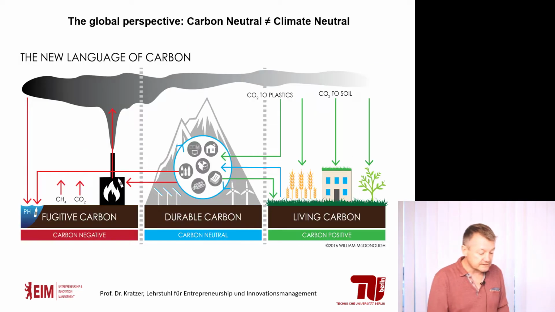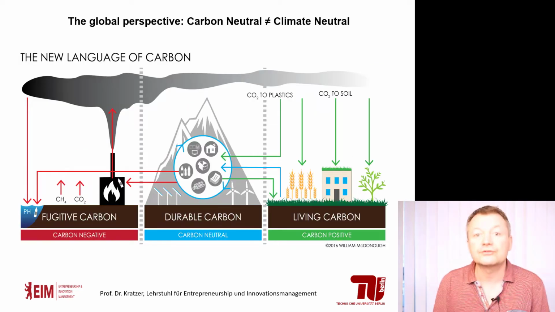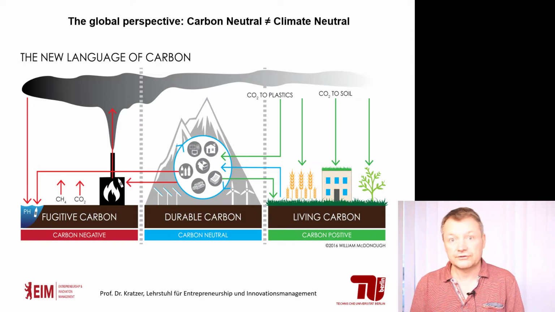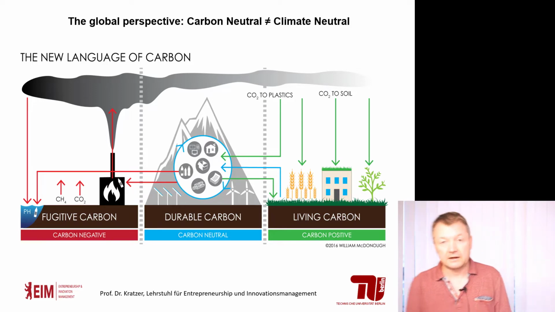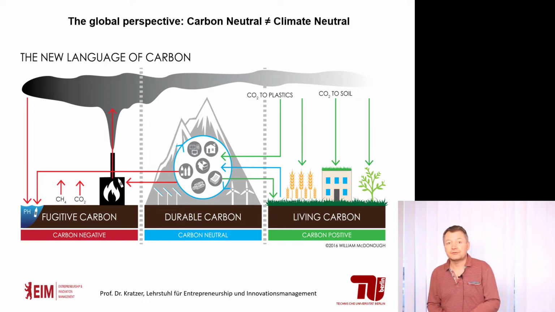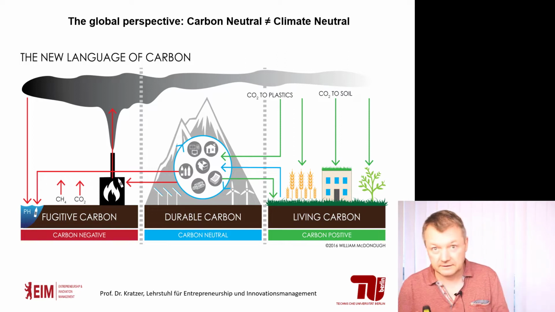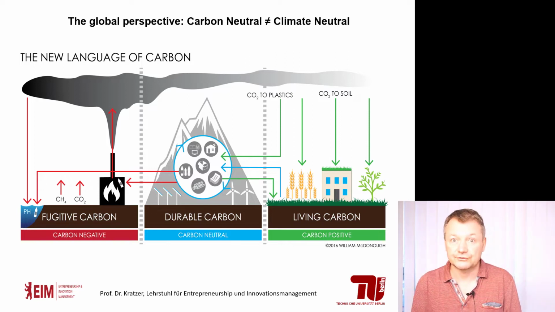The next thing is when we speak about carbon neutral or climate neutral or CO2 neutral, of course all these terms do not work and are not precise. Taking a car takes material, and producing this material at least leads to a storage of CO2.